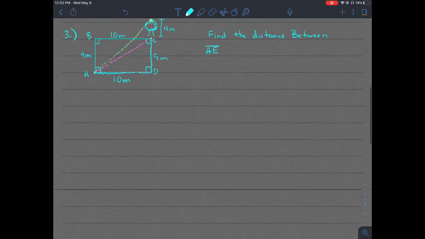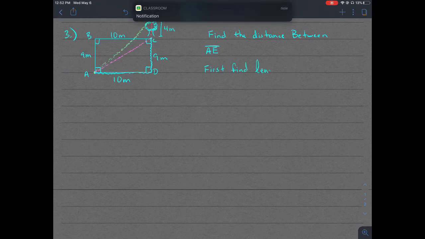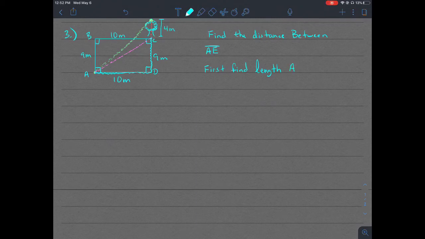Okay, so first, find length AC. Okay, so using the Pythagorean theorem, a squared plus b squared equals c squared, what do we know?